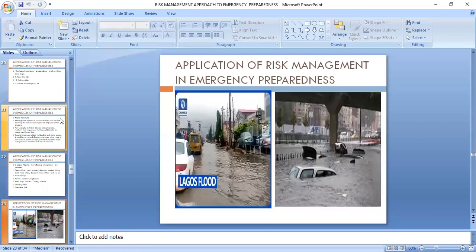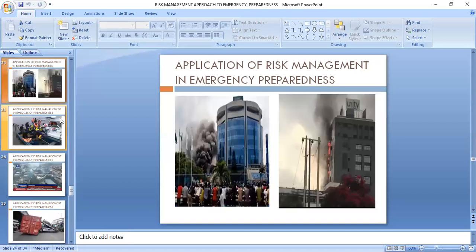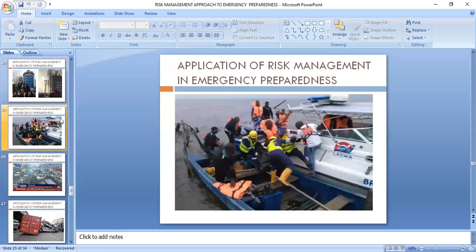So, for example, look at Lagos. That is during the rainy season, there is always a challenge of flood. Look at some of the banks having a fire incident. Then you have the boat mishaps that has happened several times because of people traveling over water.